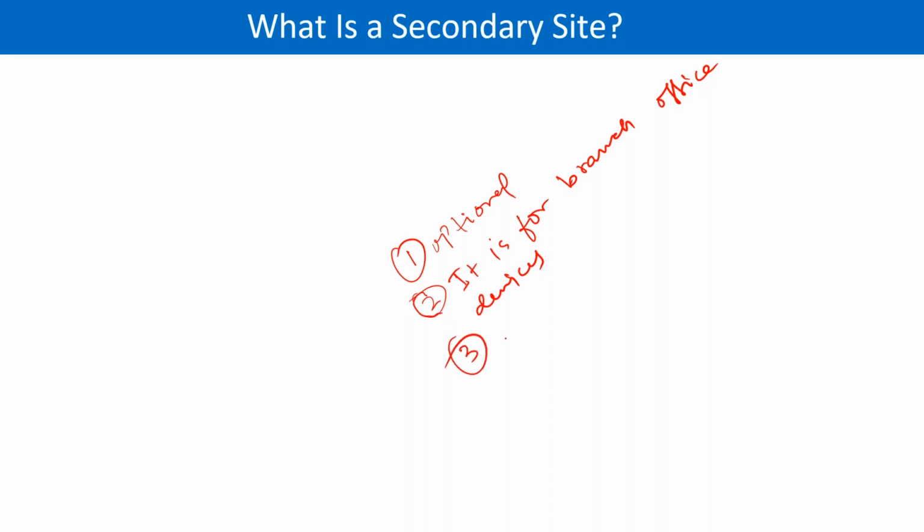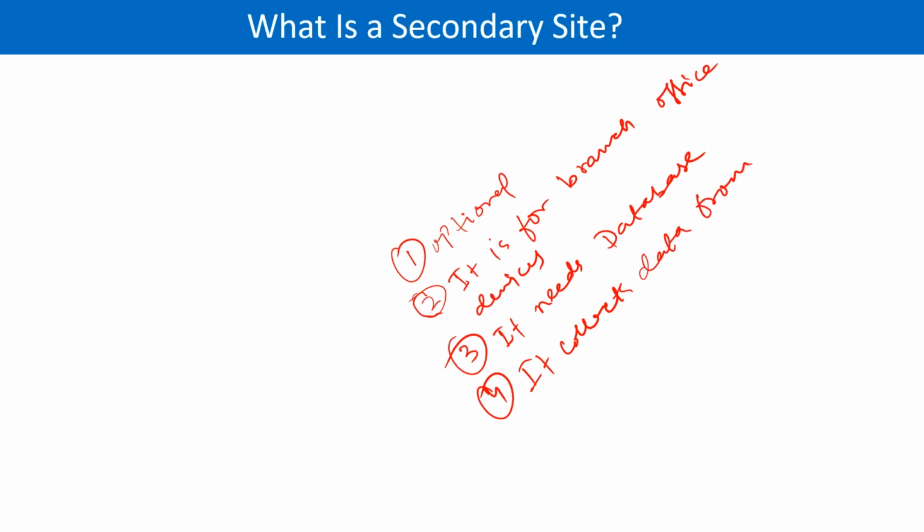Point number 3, it needs a SQL database, to store the data. Point number 4, it collects data from where? From client computers in the branch office.